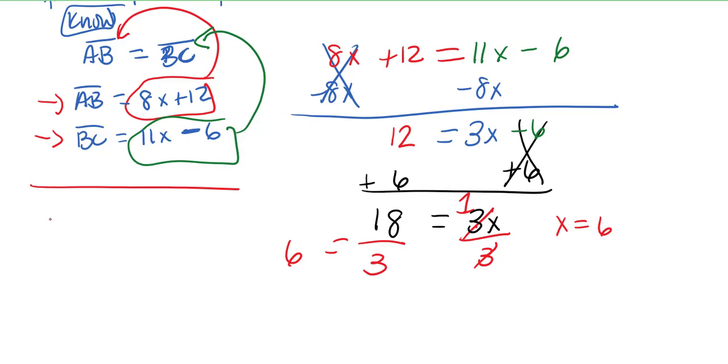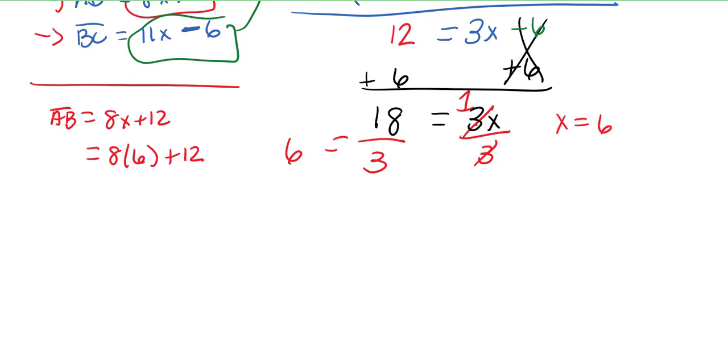So we find AB is equal to 8x plus 12, which becomes, when we put x equal to 6, 8 times 6 plus 12. We always do multiplication before addition. So 8 times 6 is 48, plus 12, and 48 plus 12 is equal to 60.